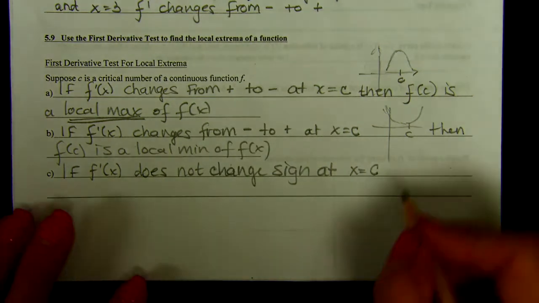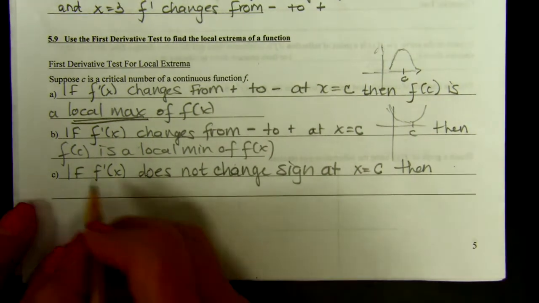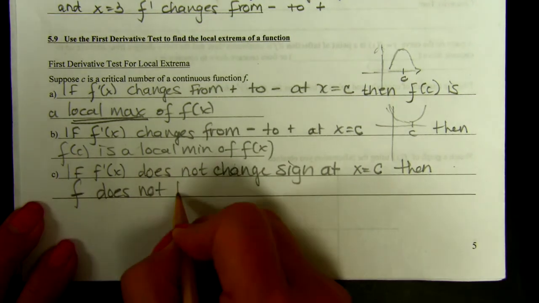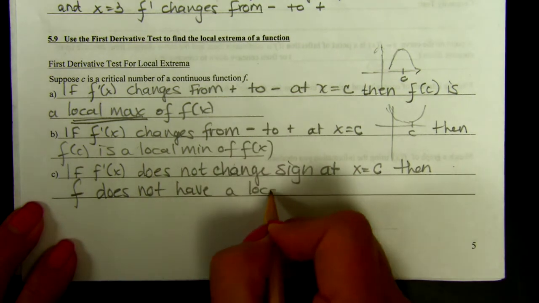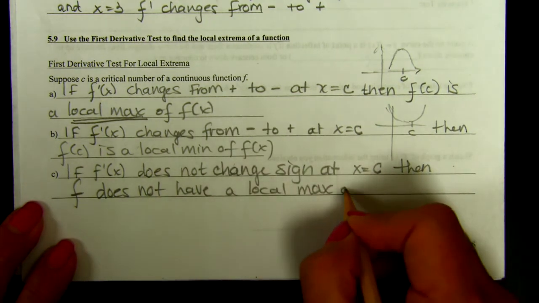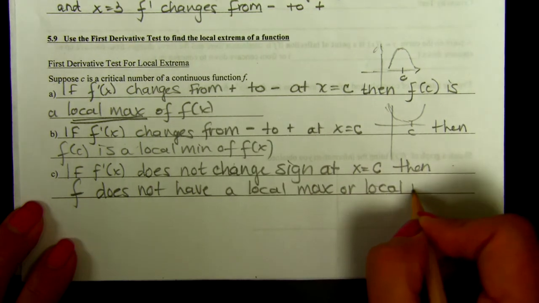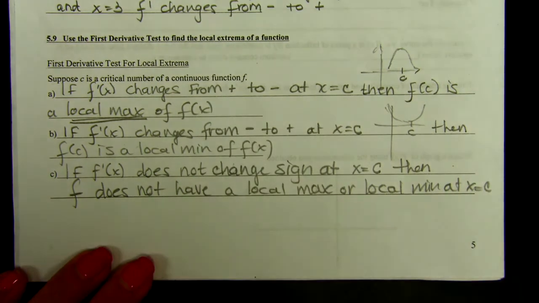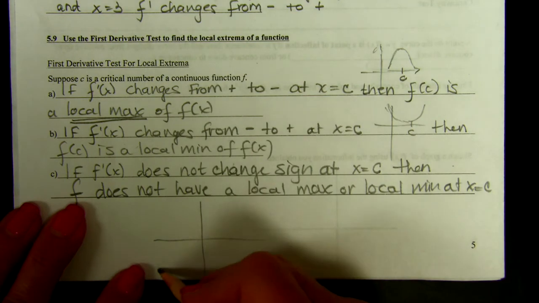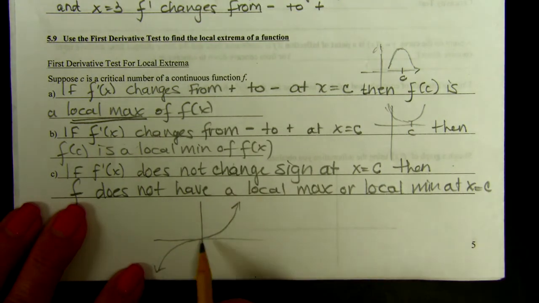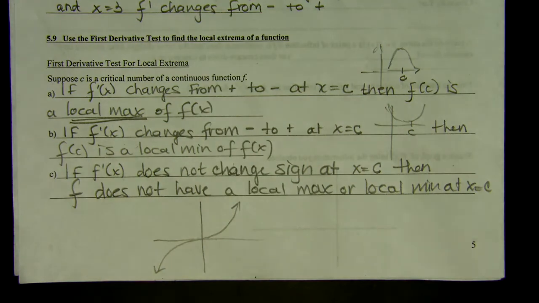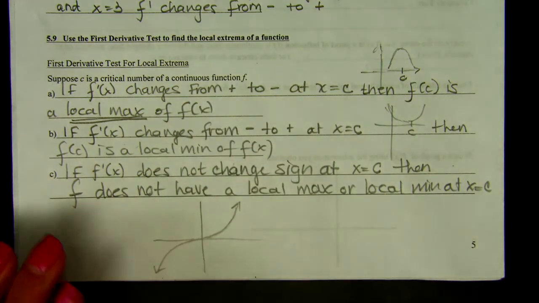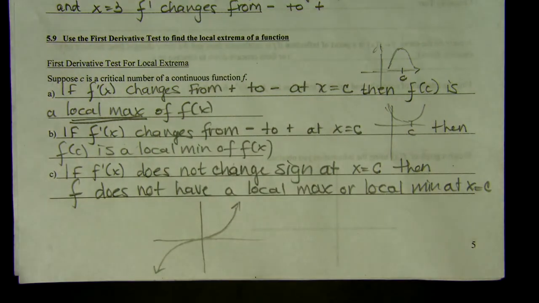Then f does not have a local max or local min at x equals c. And what might that look like? Well, that's our cubic function. It looks like that. We know that the derivative right here is 0, however, the slope of those tangent lines remain positive throughout.